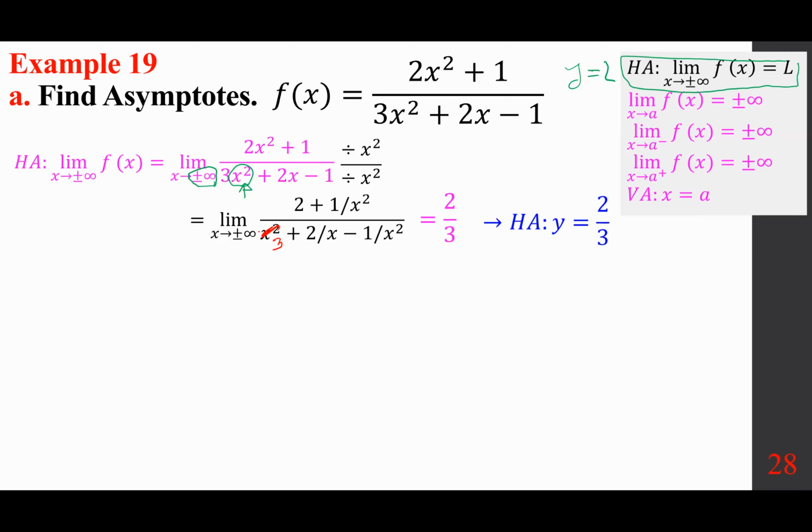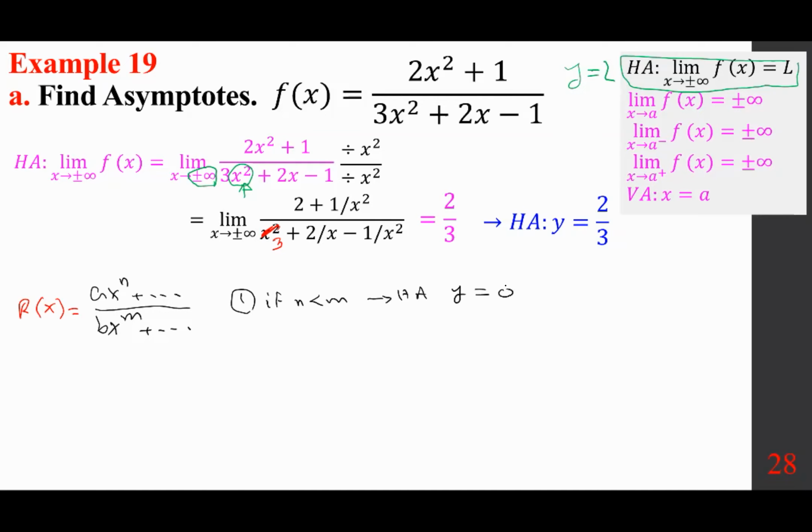When rational functions are given as a x to the power of n over b x to the power of m, where the degree of the numerator is n and the degree of the denominator is m, I hope you remember that if n is less than m, the horizontal asymptote is y equals 0.